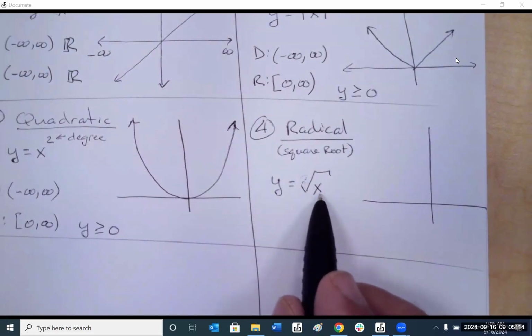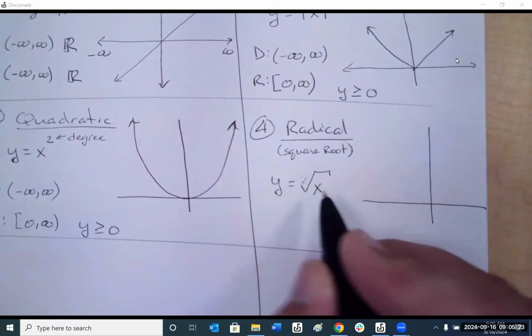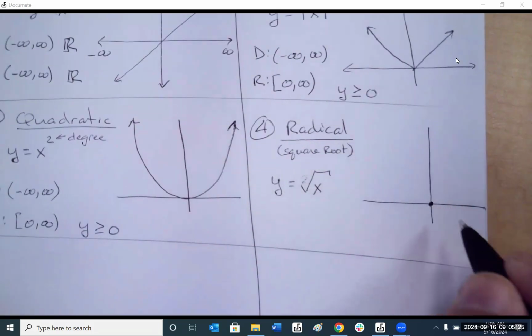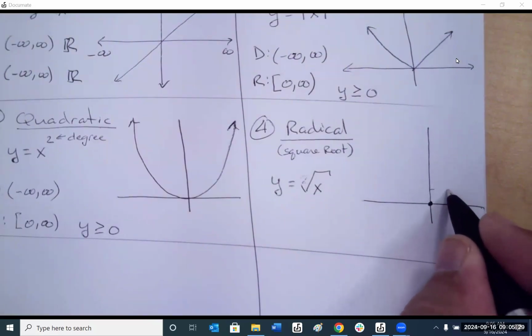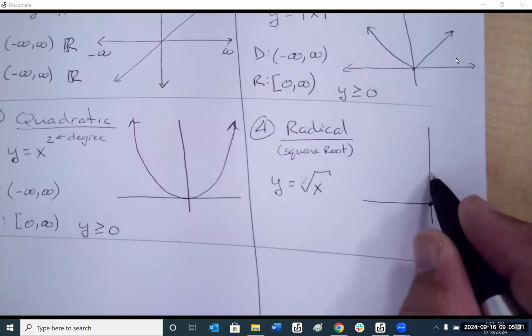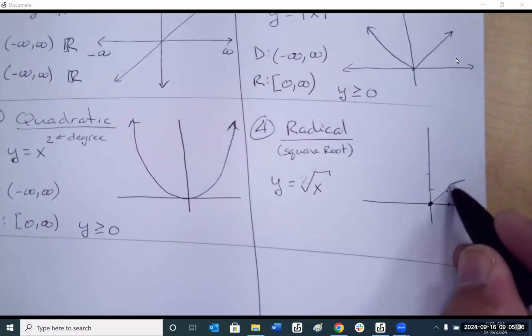The rule here is that you cannot have a negative inside there. 0 is okay. So when x is 0, y is 0. When x is 1, y is 1. When x is 4, y is 2. The square root of 4 is 2. So the graph looks like this.